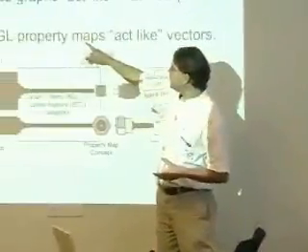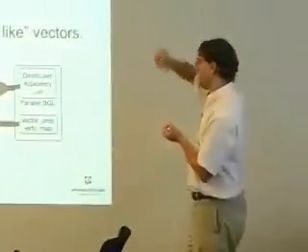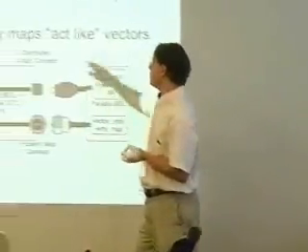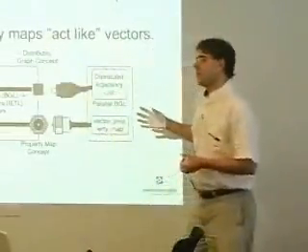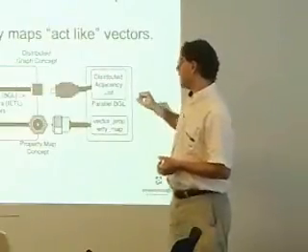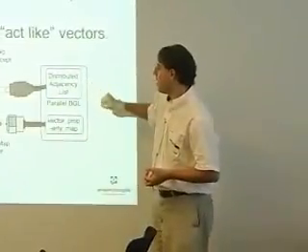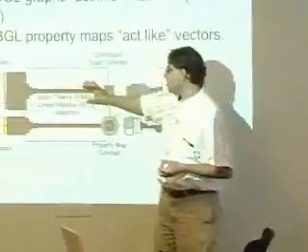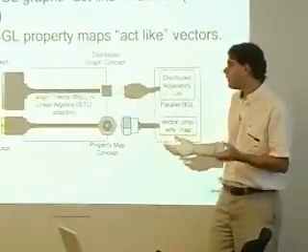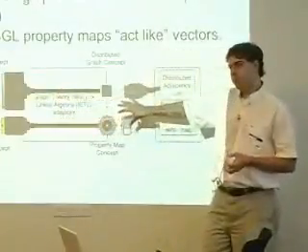And we took the parallel BGL property maps, which associate information with each of the vertices or the edges in the graph. When you're associating information with each of those, you can view this as another vector of information in a linear algebra sense. What we get is an architecture like this, where we have the PBGL on one side, and it plugs into a set of adapters here that map from the world of graph theory, actually parallel graphs, but it's just graph theory, into the world of linear algebra.